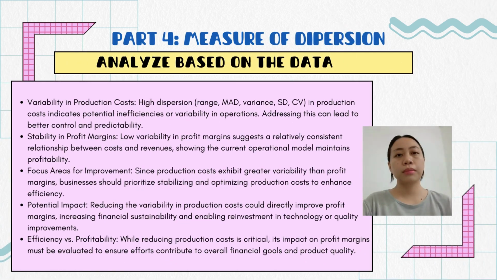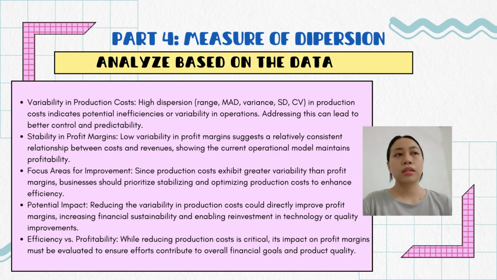To conclude my presentation, what can be analyzed based on the data is that first, variability in production costs. Production costs show high variability, indicating potential inefficiency in operation. By addressing this variability, businesses can gain better control and predictability.